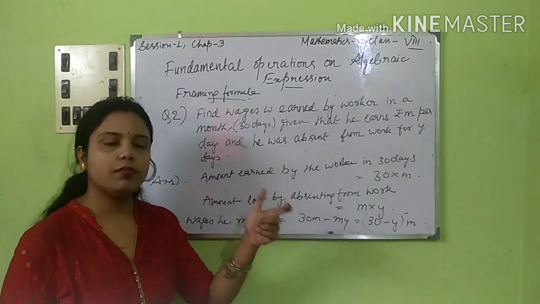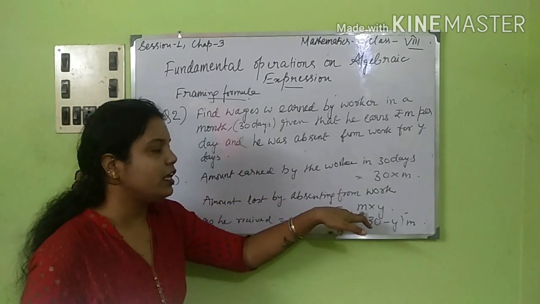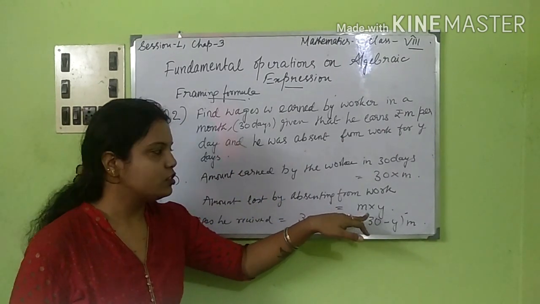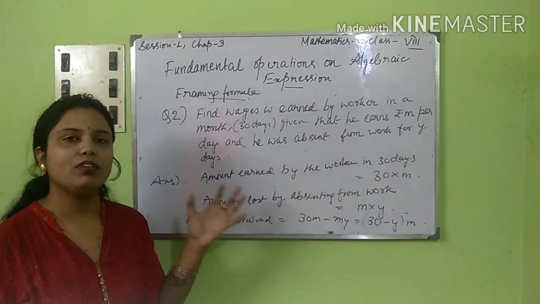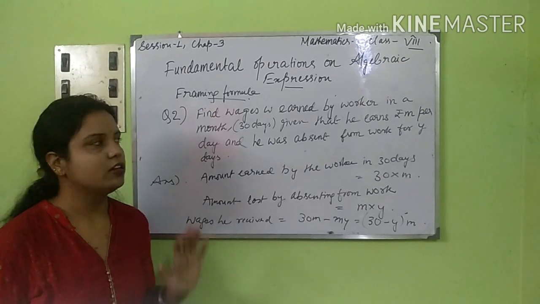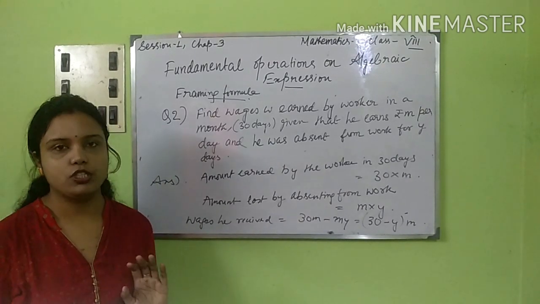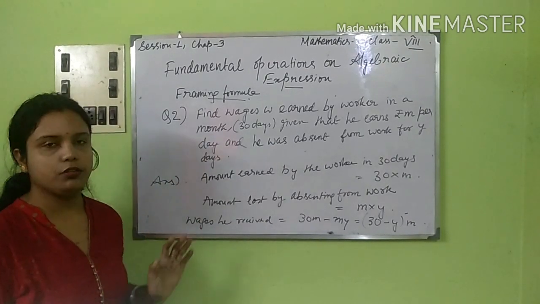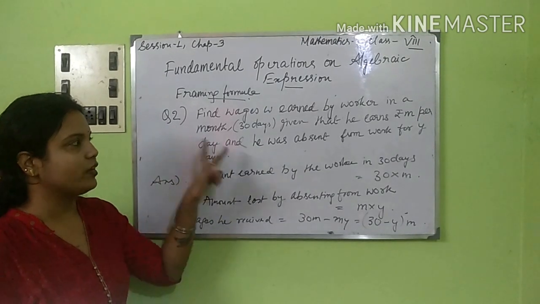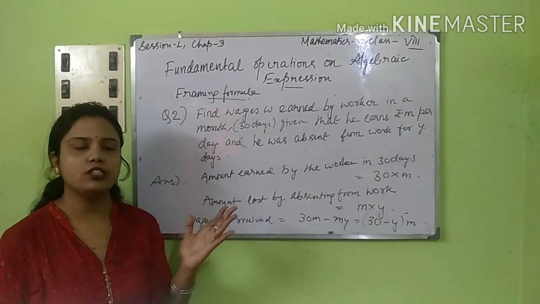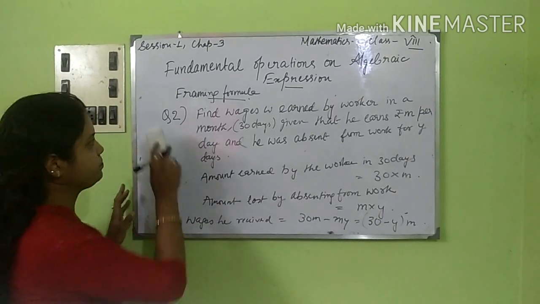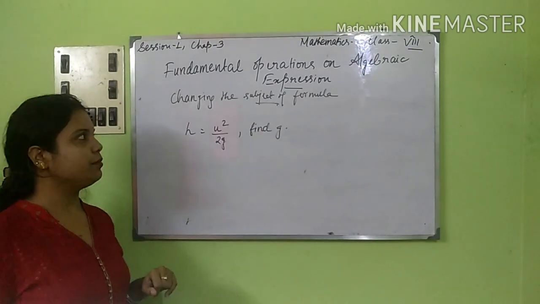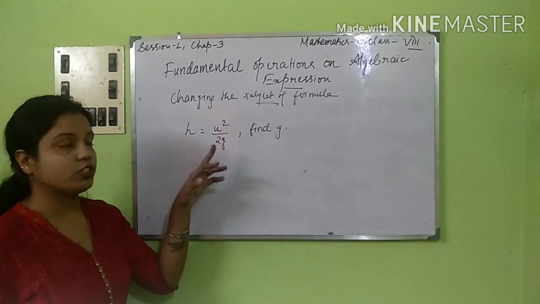So in those Y number of days also he would have been earning rupees M per day. So that is M into Y. So if you subtract these two results, you will get the amount that he will be receiving at the end of the month. So that is the calculation of wage. Okay, so this way you are going to calculate. Just by looking at the questions, just as you do the linear equations, same way you have to proceed with this also.